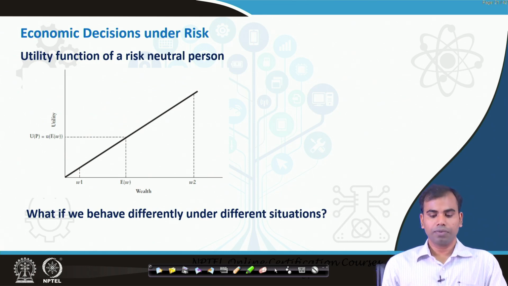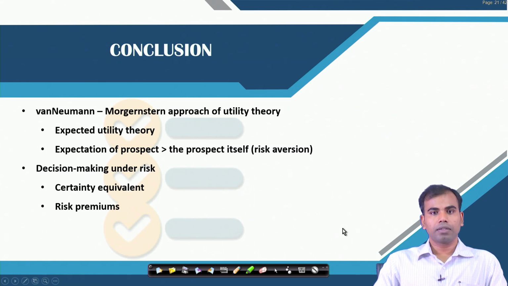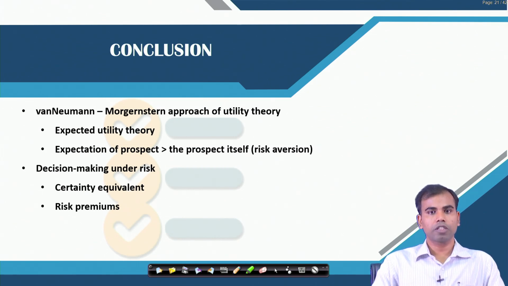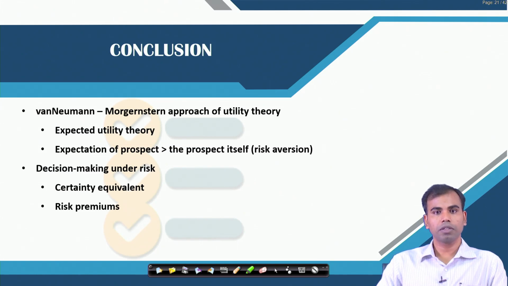So far we have discussed the standard utility theory. We have also incorporated the expected utility theory as proposed by the VNM framework, where we understood that the expectation of the prospect is more preferable than the prospect itself, and this is where the risk aversion characteristics of individual decision makers become more important.